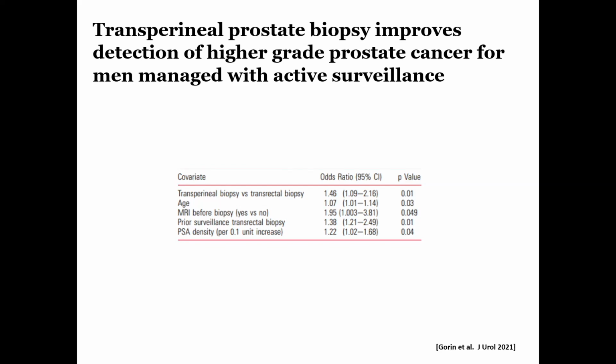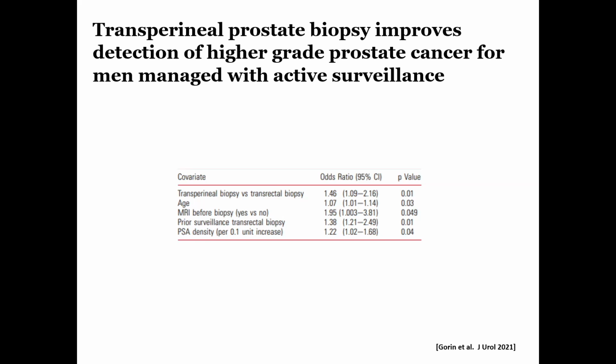In this study, the authors evaluated transperineal biopsy versus transrectal biopsy across a retrospectively collected cohort of men on active surveillance. They demonstrate that using a transperineal biopsy, patients were reclassified and higher grade cancer was detected at a higher rate compared to transrectal biopsy.